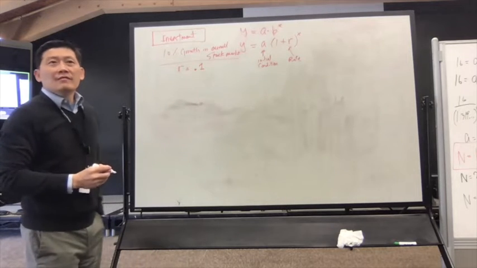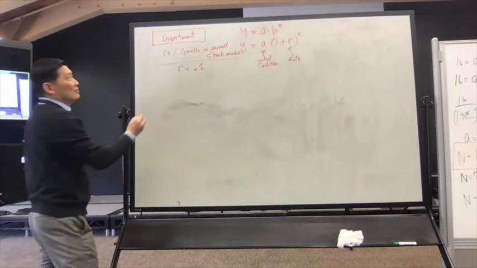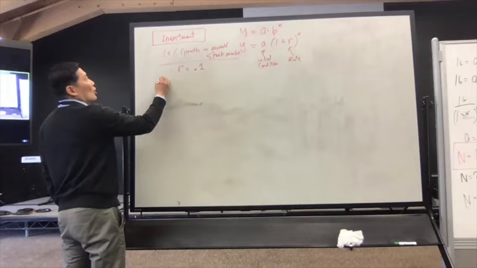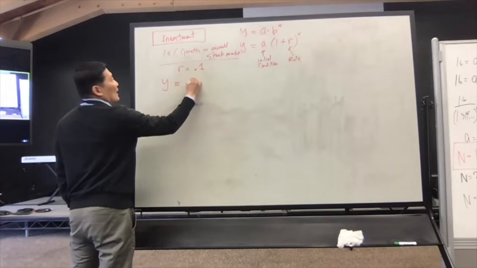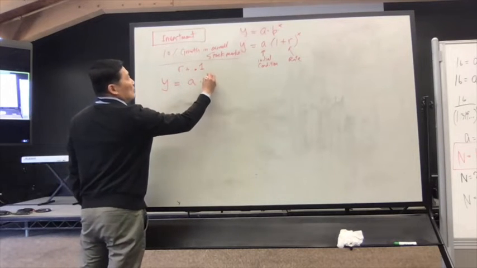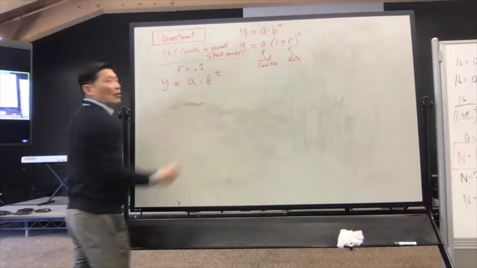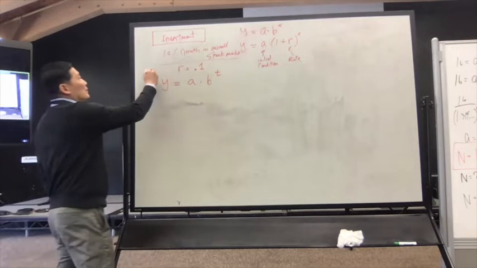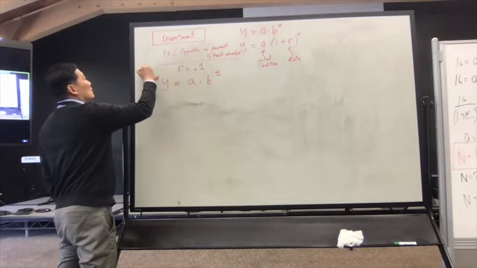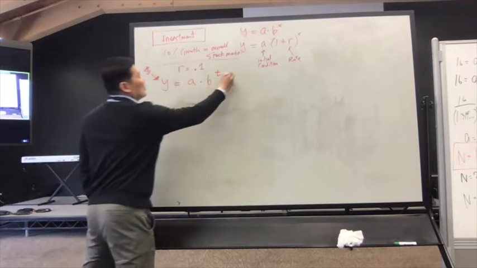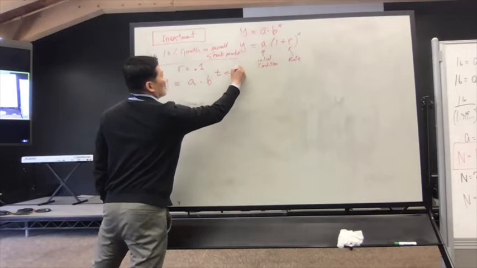So our investment equation, we can call y is equal to A times B to the t power. t will be time, the number of years, and y will be money.